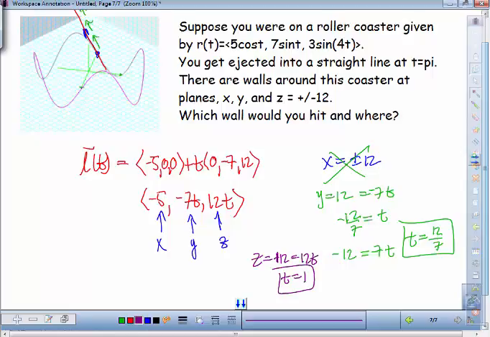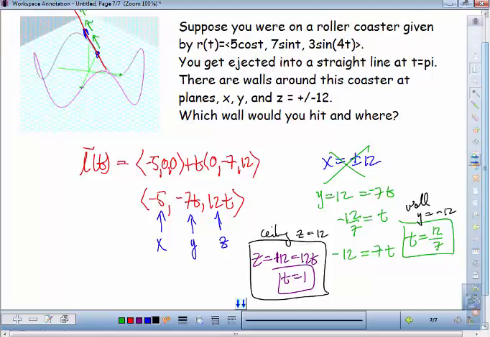So it looks like there's 2 places I could hit the wall. I could hit the wall y is equal to -12, or the wall, I guess this is a ceiling, z is equal to positive 12. So now it's going to be a question on which one I hit first.